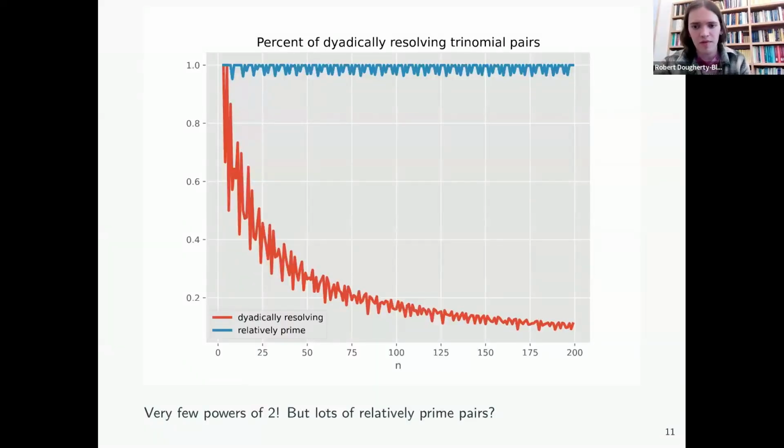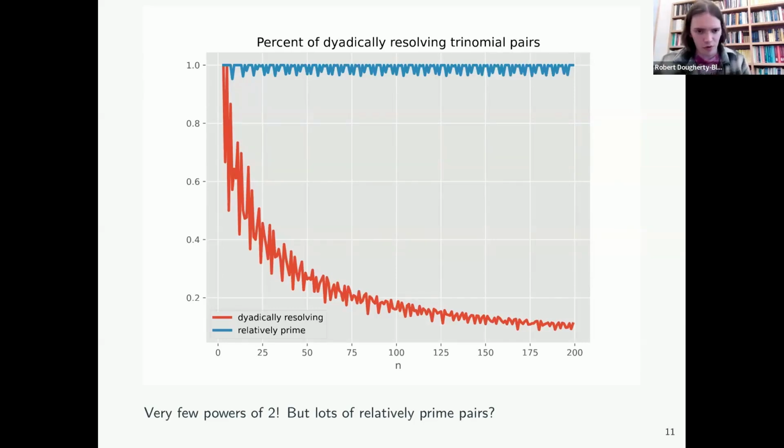Now, this plot has some other information in it. The extra information that it has at the top, you'd be forgiven for not even noticing it, is a blue line towards the top of the plot as well. That's the proportion of trinomials that are relatively prime, which is a little different than dyadically resolving. Being relatively prime means that your resultant is not 0.